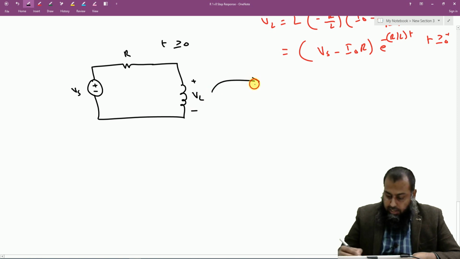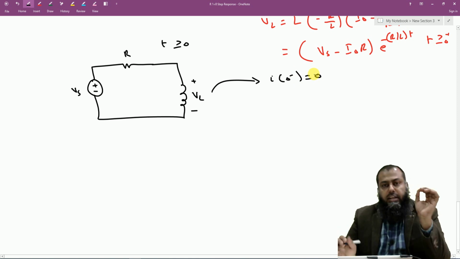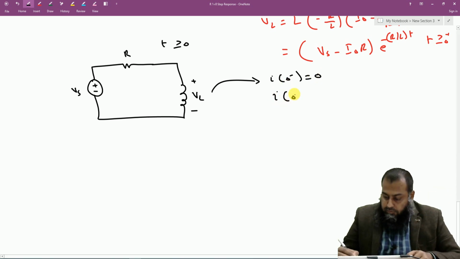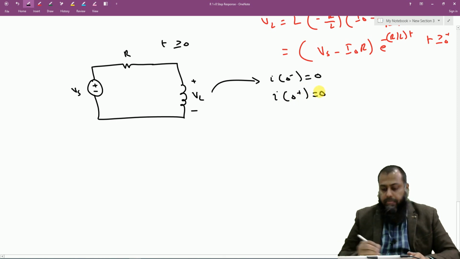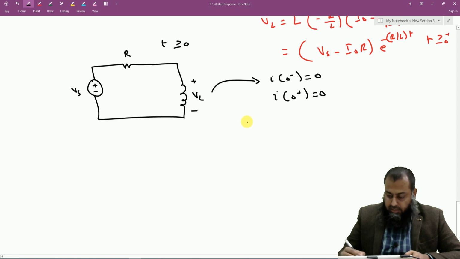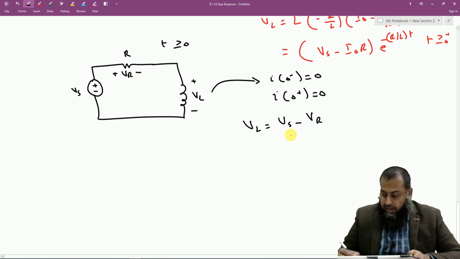The initial condition is I0 negative equal to 0, and because an inductor does not permit any instantaneous change in the current flowing through it, I0 positive is also equal to 0. Which means that the voltage VL is equal to Vs minus VR, where VR is equal to I into R.